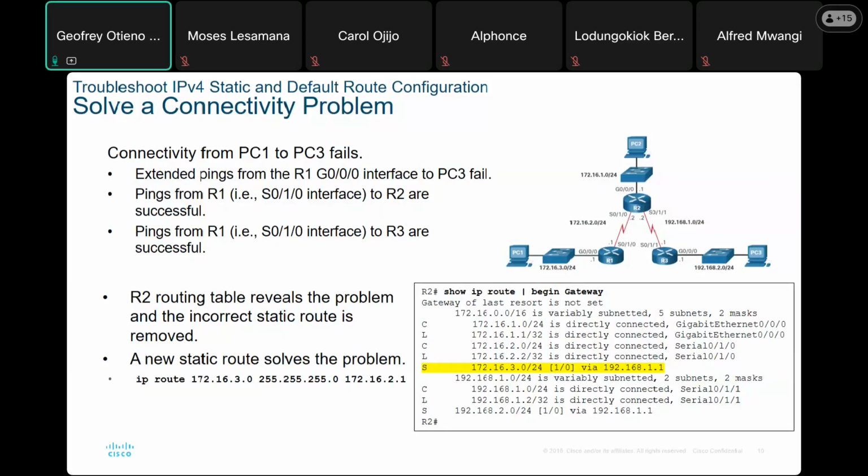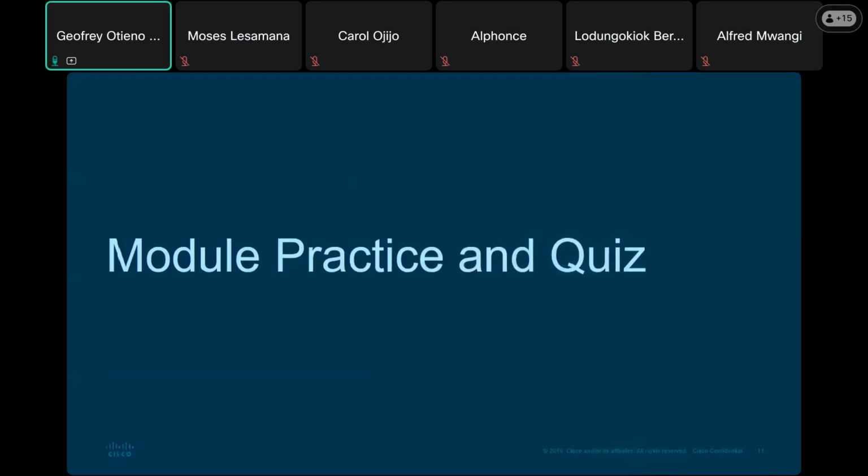Have your full eyes on the screen, line by line, to find out where the problem is. That's how simple this certification exam is, especially if you get this kind of topology, then you don't strain and you'll move a bit faster. Theory is sometimes a problem, but labs are a sure bet, because that's where the marks are. They carry a lot more weight than the theory bit, which might sometimes be challenging, as you keep forgetting.